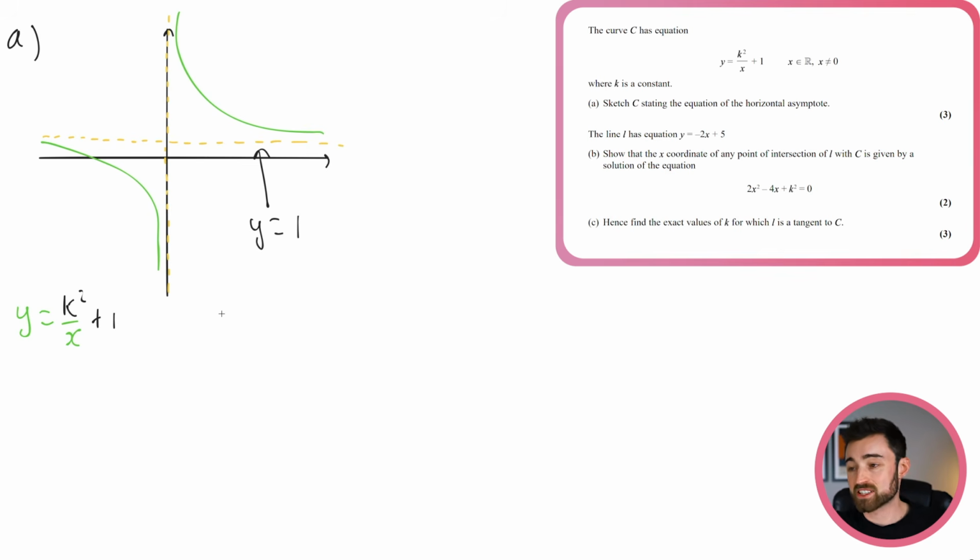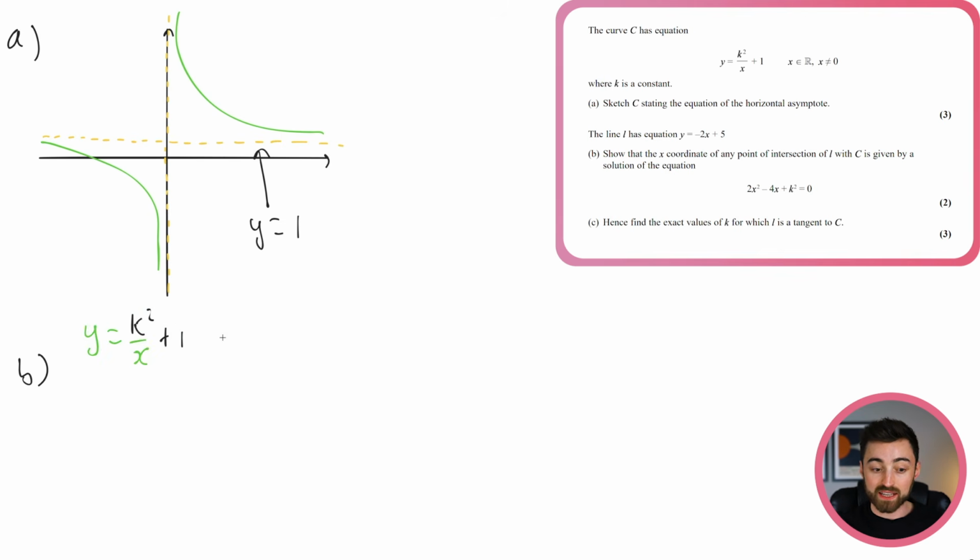Cool. So the line L has equation y equals minus 2x plus 5. Show that the x coordinates of any point of intersection of L with C is given by a solution of the equation, all of that stuff there. Okay, so again, intersections, it's simultaneous equations. We already have y equals k squared over x plus 1 here.